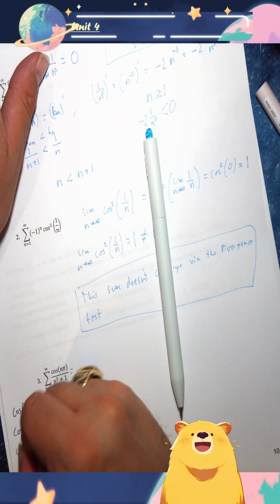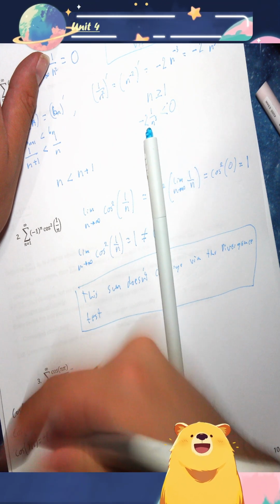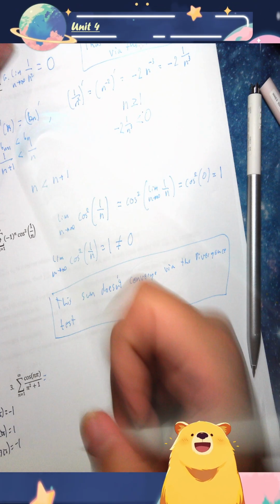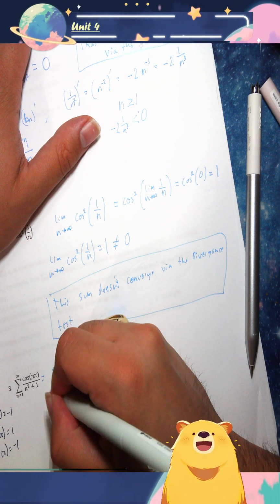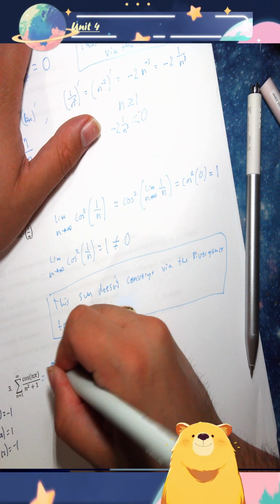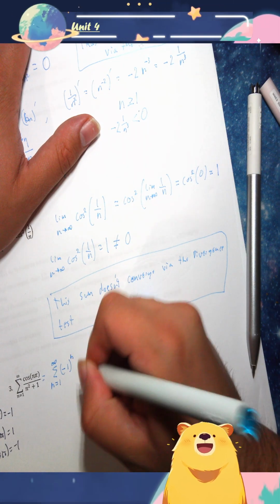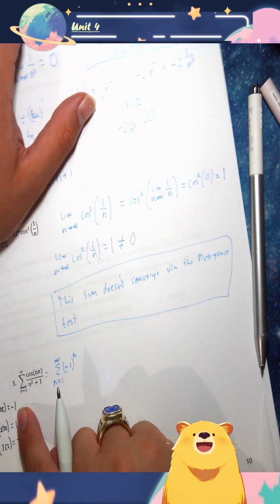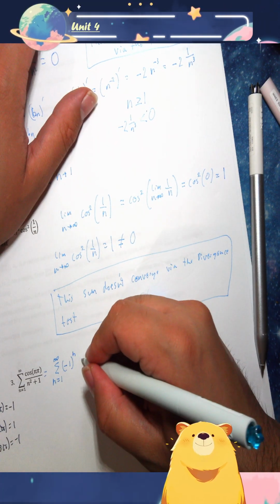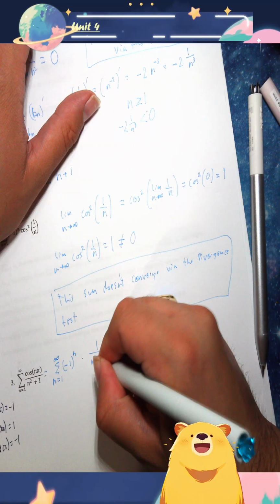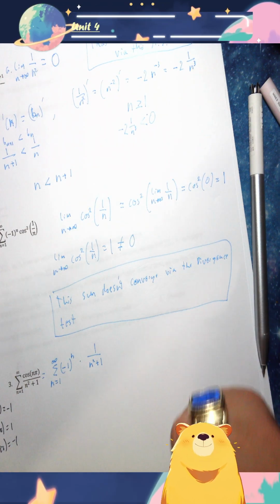Cosine of 3 pi is going to be -1. So you keep seeing how that cycle would go. You could technically rewrite this as -1 to the power of n, because it starts at -1, times 1 over n squared plus 1.